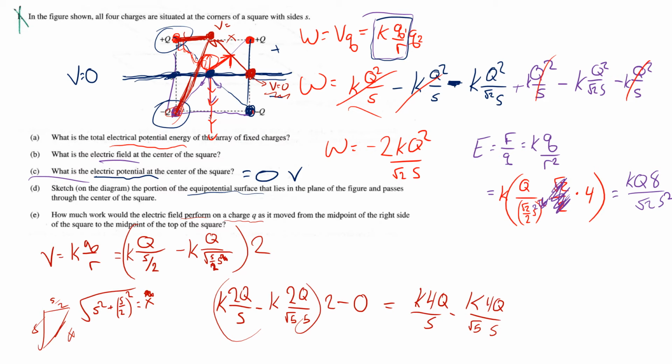Ta-da. And that's how much work it will take to move that charge. Oh, sorry, that's the voltage, and then moving charge Q, so that times little q. That's how much it is. Because remember, voltage is equal to joules per coulomb, so we just multiply by the charge, that gives us the joules.